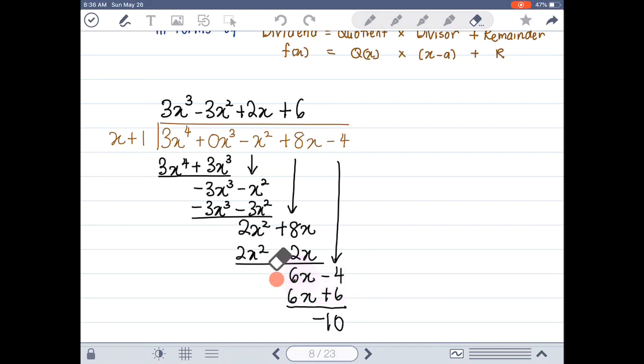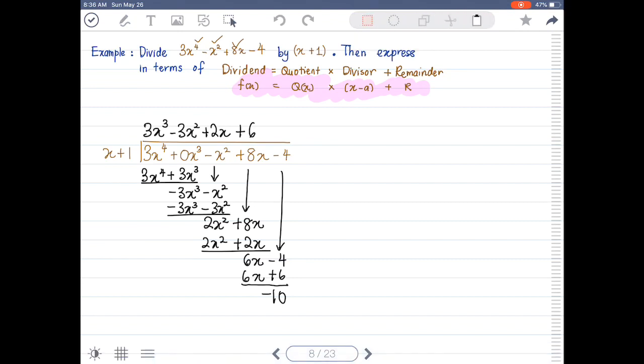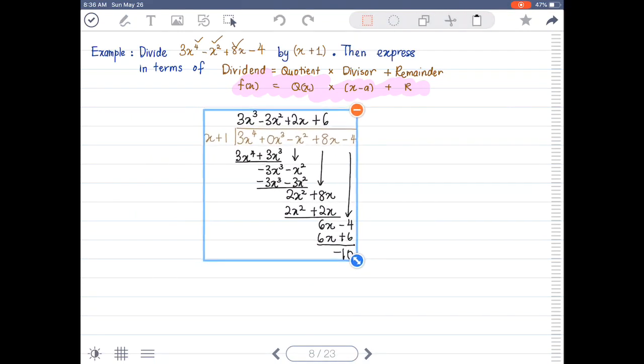Now the question wants us to express in terms of dividend equals quotient times divisor plus remainder. So we just rewrite the whole equation into the form that they want.